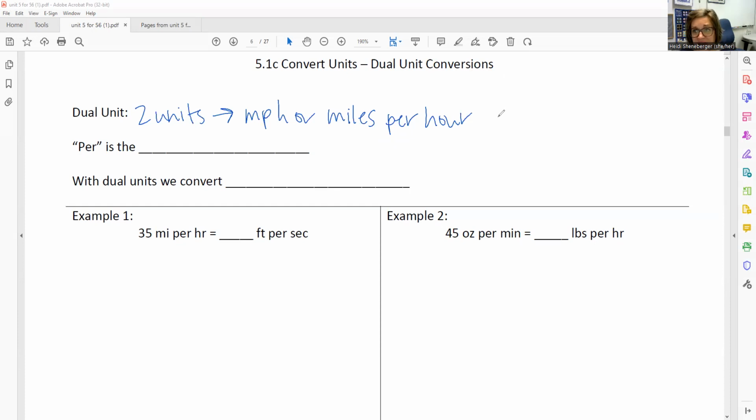You might also see inches per second, feet per second, or feet per minute. They all involve this phrase per. I'm going to type this because my handwriting is so crazy tonight. Per means the fraction bar, or it means divide.